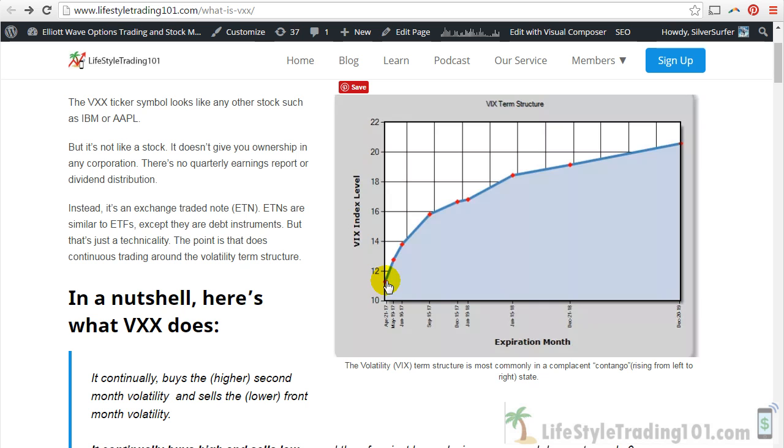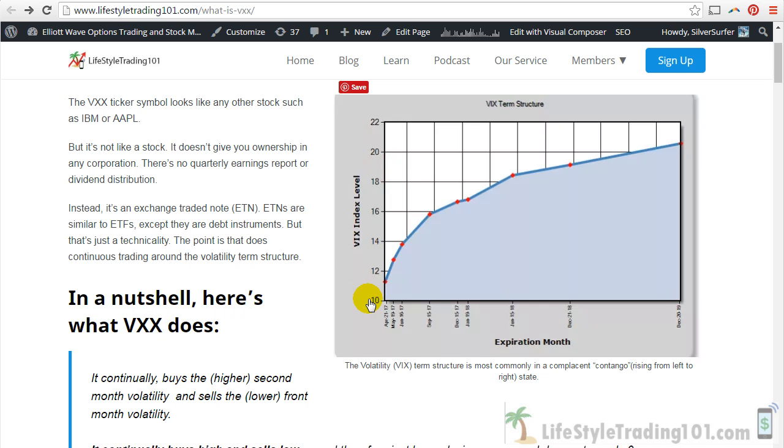So this front month, 11, could jump to 16 or even 20, 25, 30, whereas the second month would also jump up but not as much, such that the front month would be higher than the second month. In that case, you would be buying low and selling high, and then the VXX will actually go up.